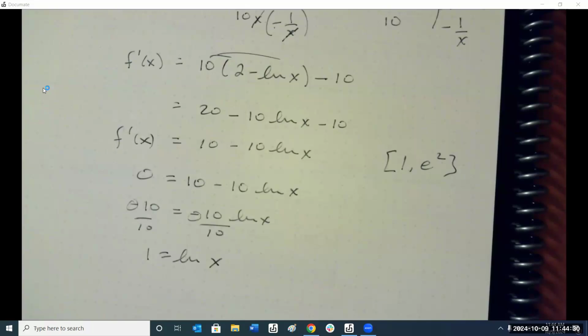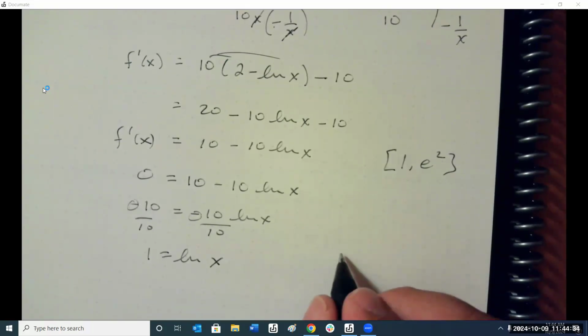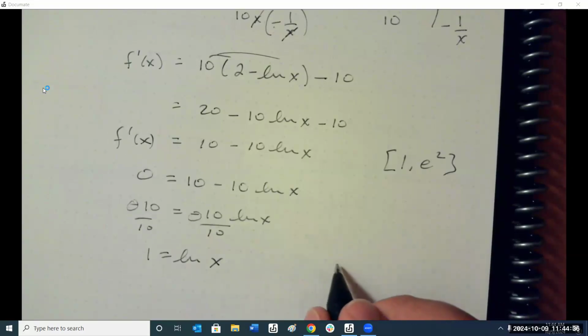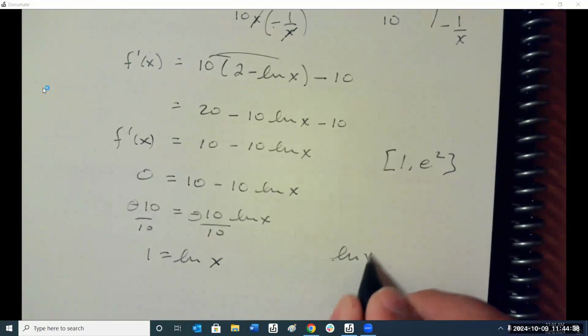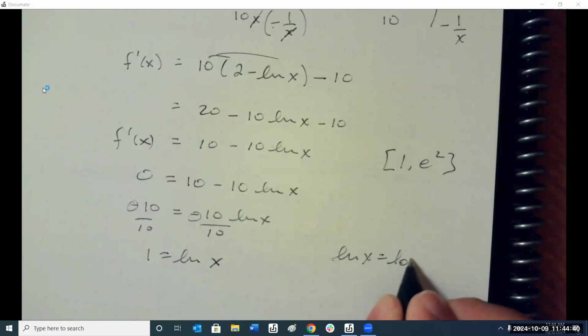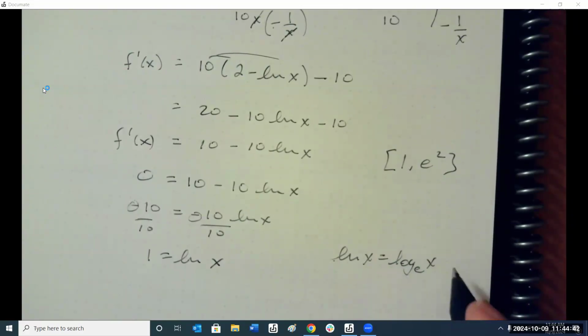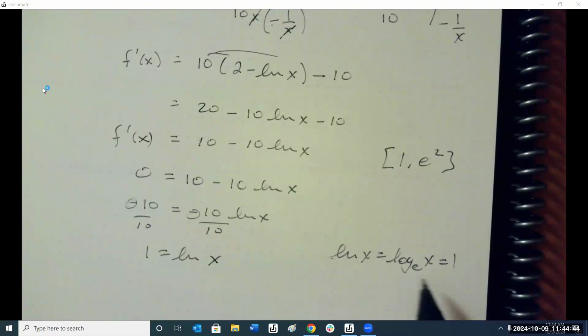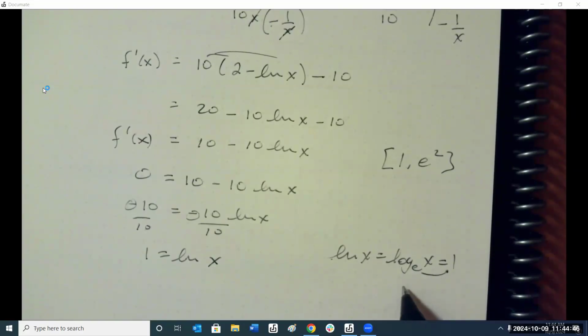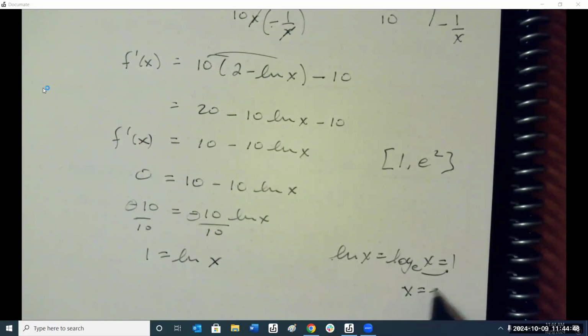All right, so let's see what x is. ln x is the same thing as log base e of x. Set that equal to 1. So x is equal to e.